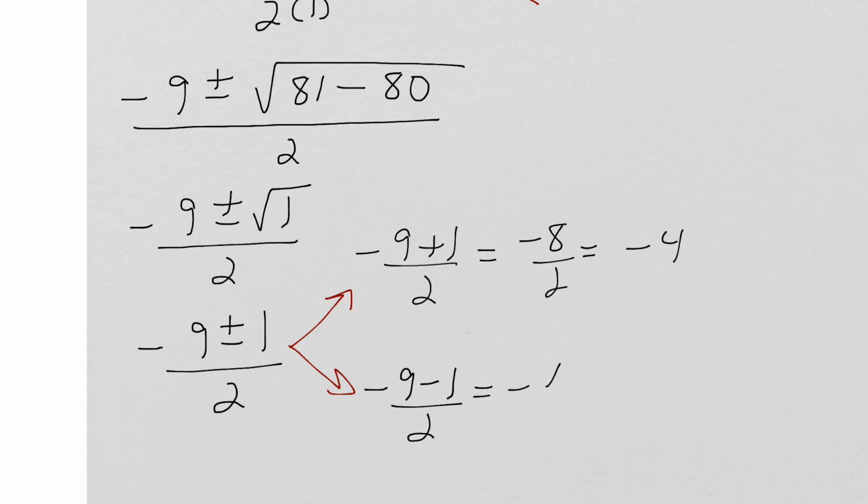This gives us negative 10 over 2, which is negative 5, meaning that the 2 solutions to the original quadratic are negative 4 and negative 5. So this one worked out fairly nicely, and could also have been solved by factoring if we wanted to. Let's try another one.